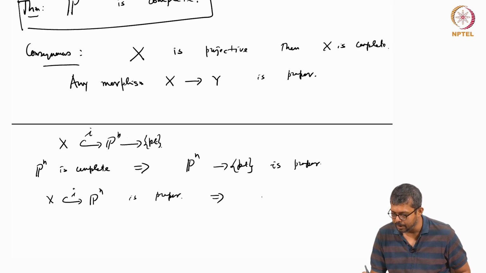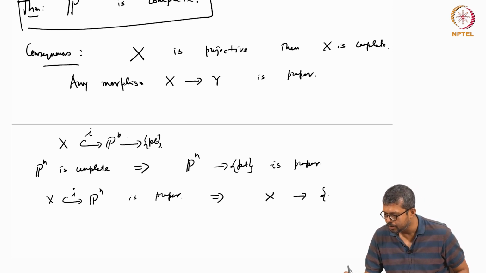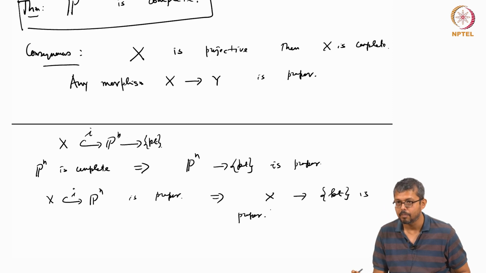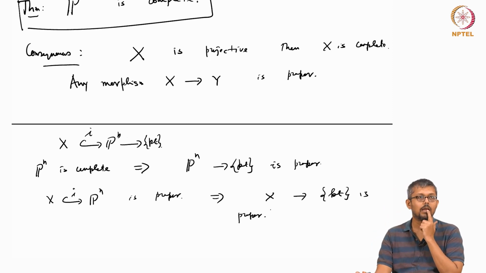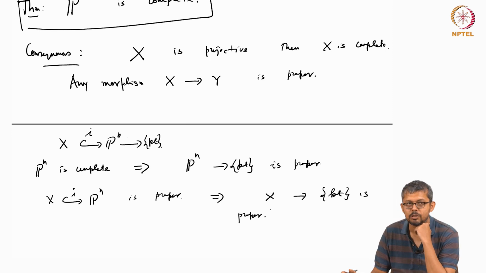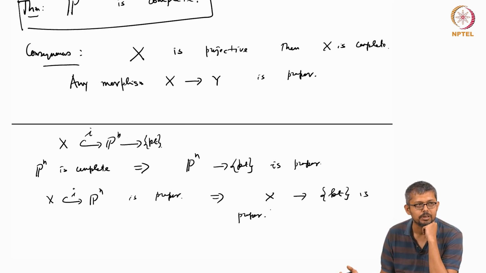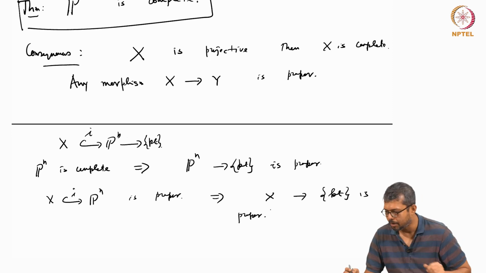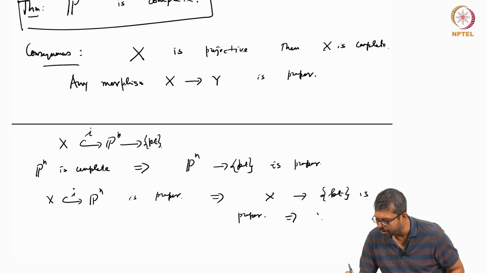So this will imply that X to a point, the composition, is proper. But X to a point being proper is the same as saying that X is complete, because it says that X cross Z to Z is universally closed. So this implies X is complete.